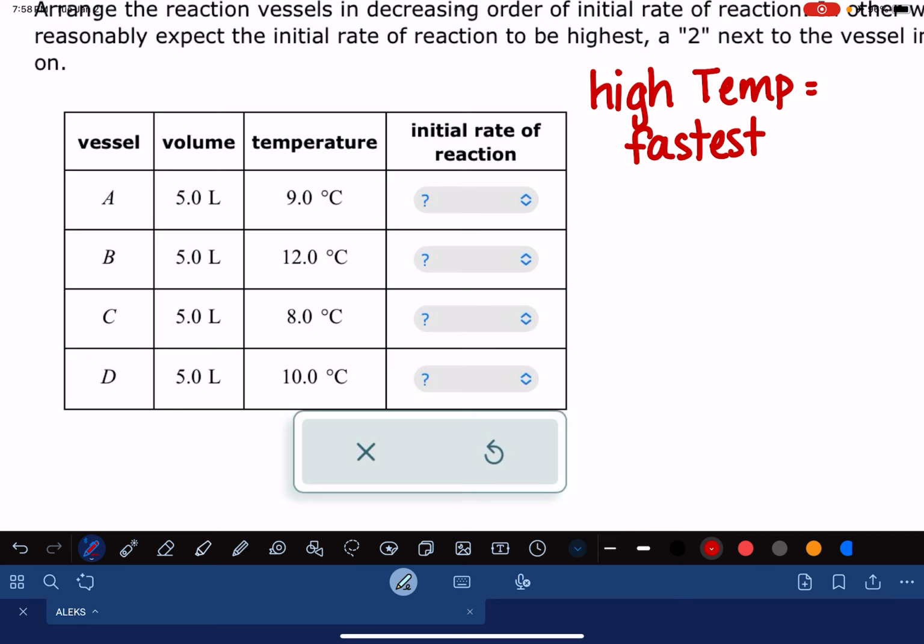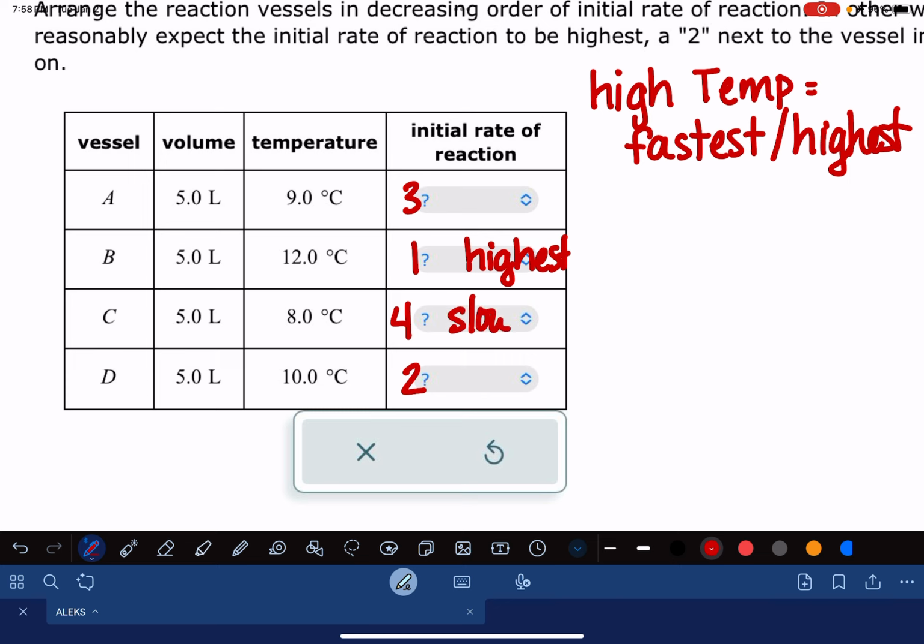So if you have this version of the problem where volume is constant, we're just going to be ranking the rate of these reactions by their temperature. And ALEKS is using a number 1 for the fastest or the highest rate of reaction. And then we're just going to go from there, going down temperature. Our lowest temperature, that one is going to be slowest. Okay, that's not so bad.